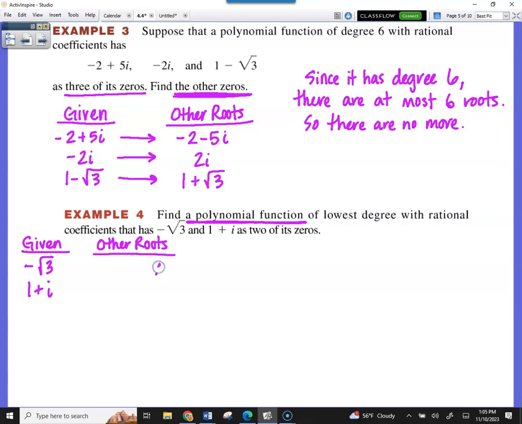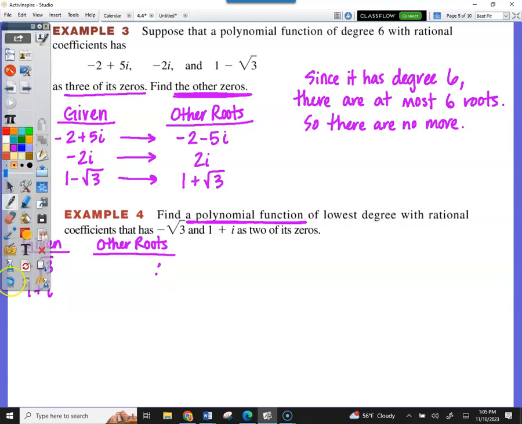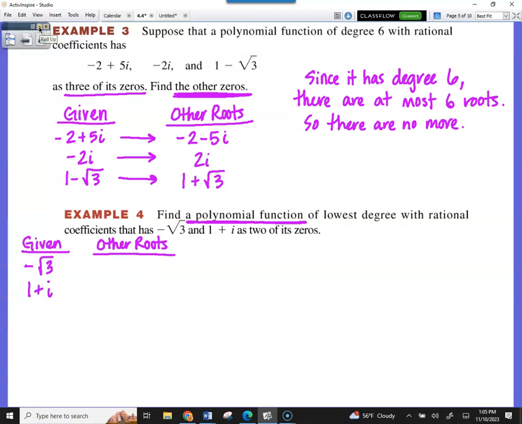Don't jump over here and say, oh, but positive. That's not the case. It has to have a radical or an i. This has a radical, so what's the conjugate root? Square root 3. And this has an i, so what's the conjugate root? 1 minus i. Very good.